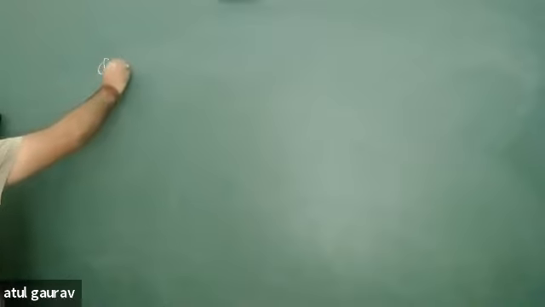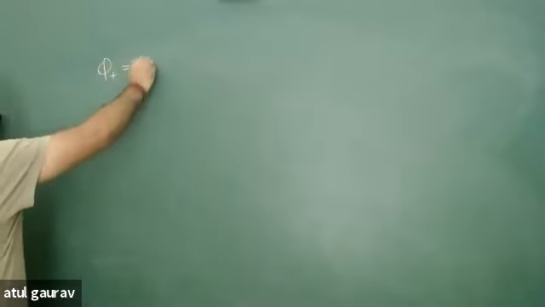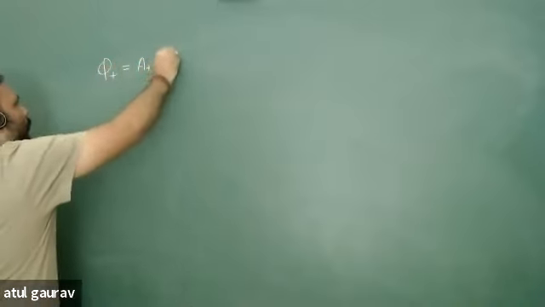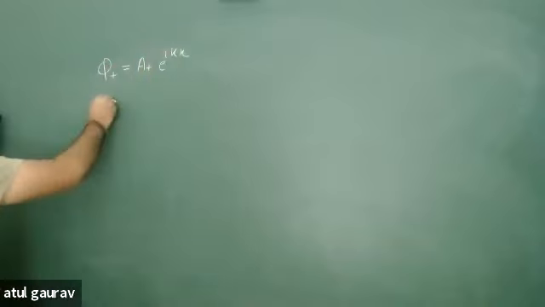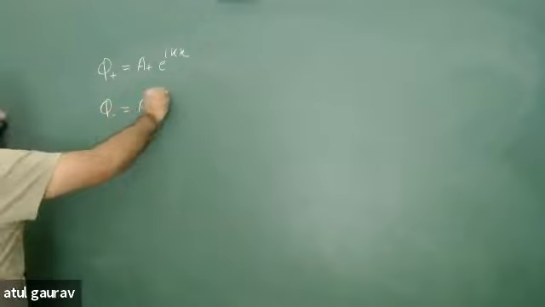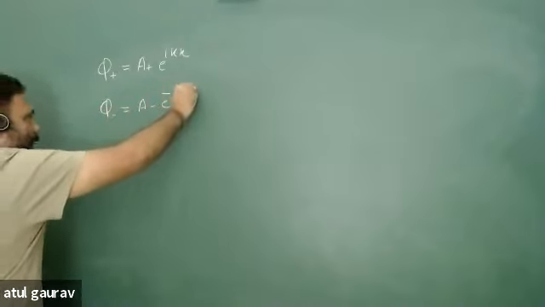So phi plus is all about, let's say, a plus e to the power ikx. Phi minus is a minus e to the power minus ikx.